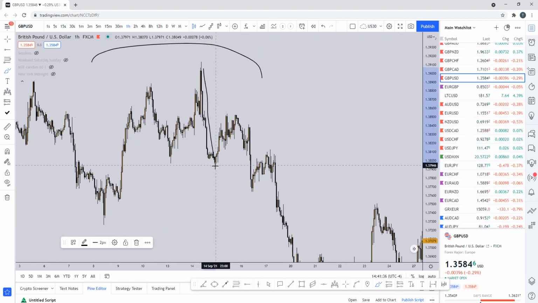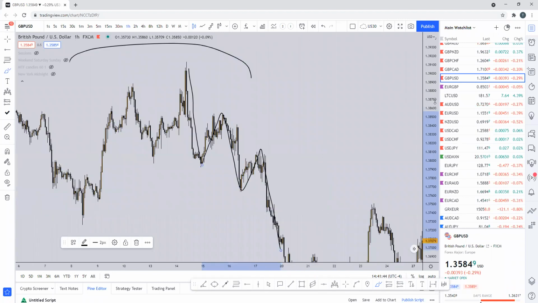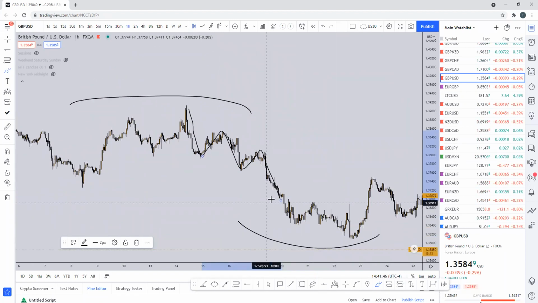You will have a low, a high, followed by another low, a high, a low, and you'll continue on. It'll do it over and over again. This is another low. Why don't we have a high in this situation?